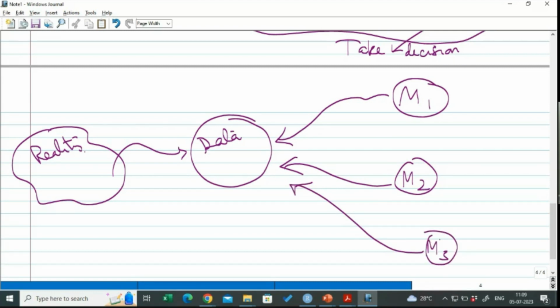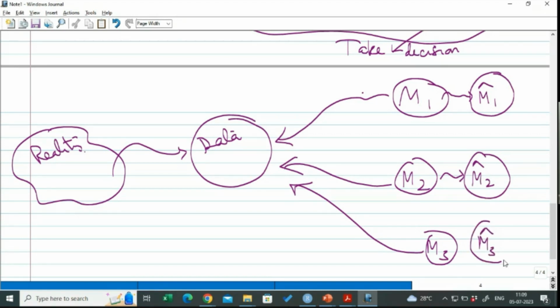So what you do now is calibrate this model and get M1 hat, and based on that you could take a decision. You could get an M2 hat, and based on that you can make a decision. You can have another model, and there also you can take a decision.